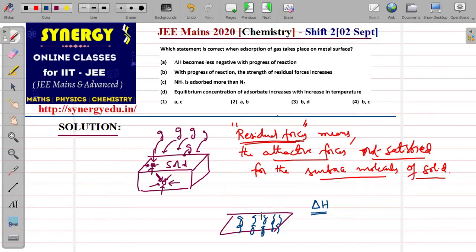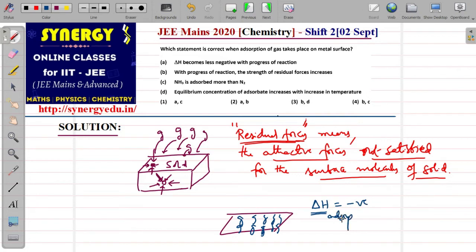Since weak interactions are formed between the surface molecules and the gas molecules, energy will be released during adsorption. That's why delta H of adsorption is a negative quantity.